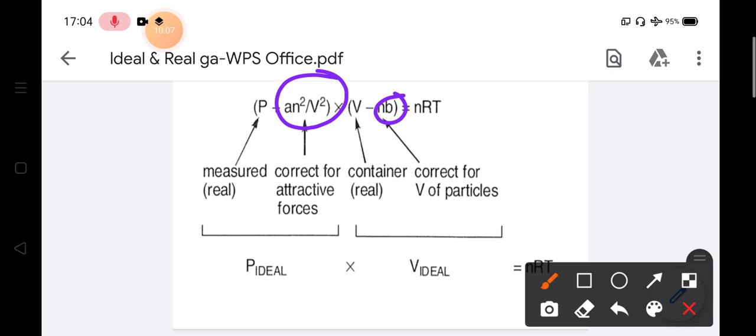That is why we have to add some volume figure as well. So b is the correction for the volume of the particles, and a n square by V square is the correction for the attractive force. If you omit these, we will get the same thing, that is PV equals nRT.